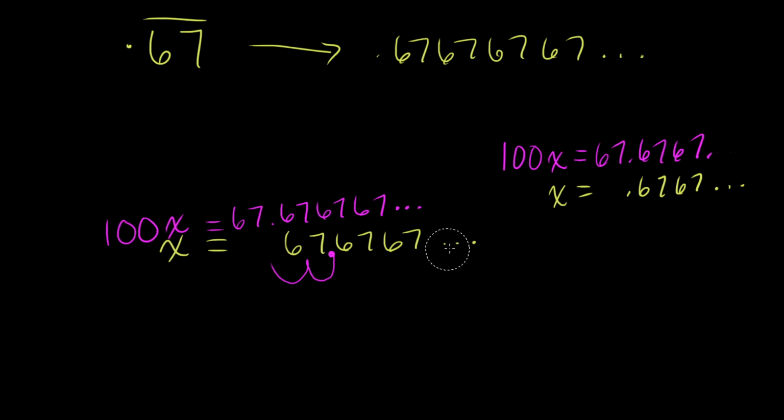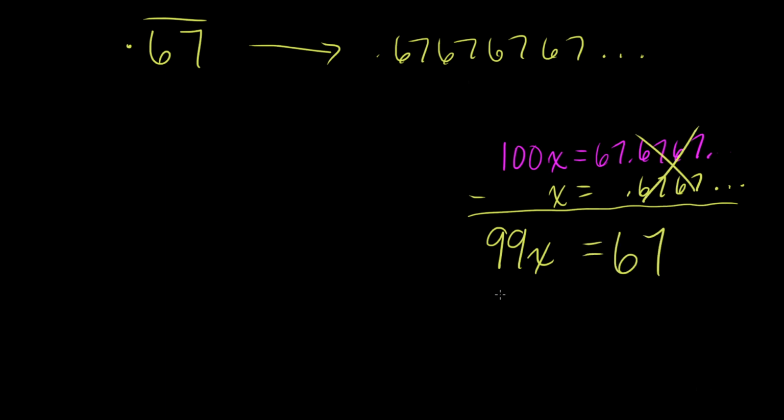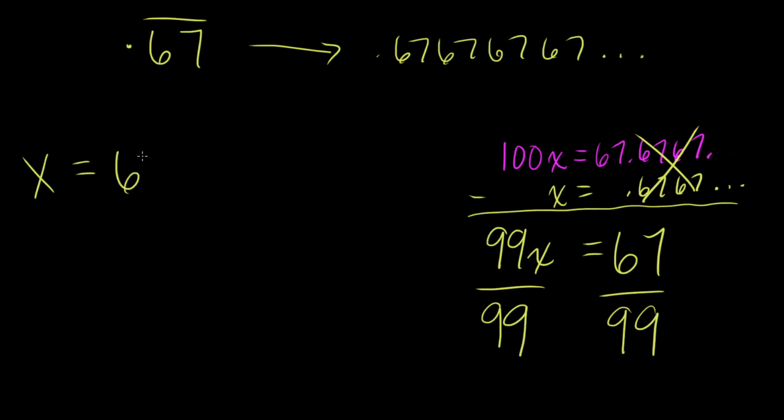And then all we have to do now, after we erase, is subtract, which gives us 99x is equal to, these are going to cross out, 67. Divide by 99, x is equal to 67 over 99.